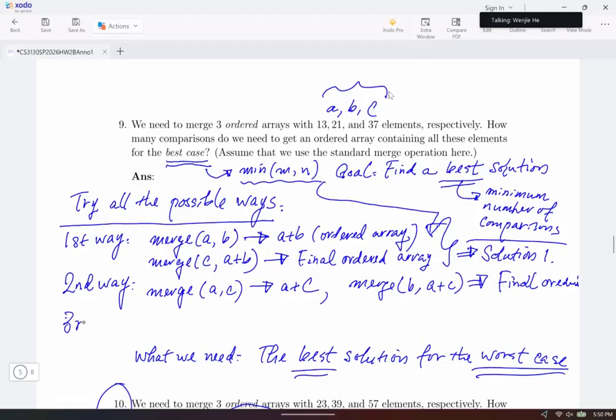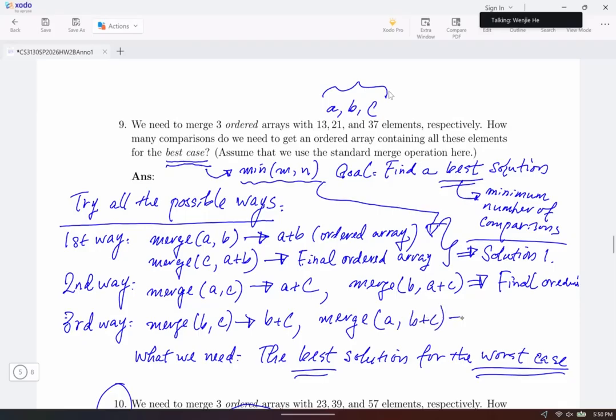Third, merge B and C first. So you get a B plus C ordered array. Now you merge the last two ordered arrays, A and B plus C. Okay?